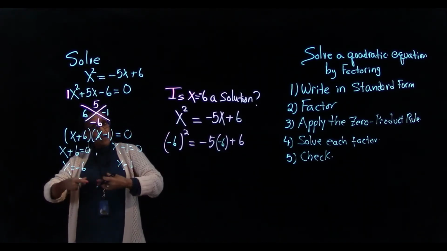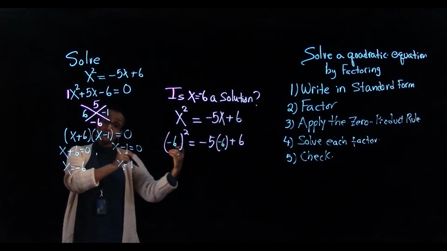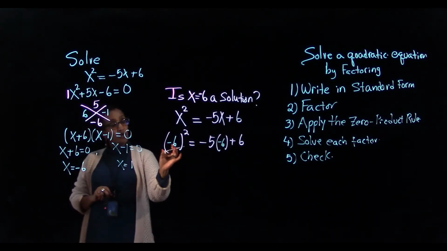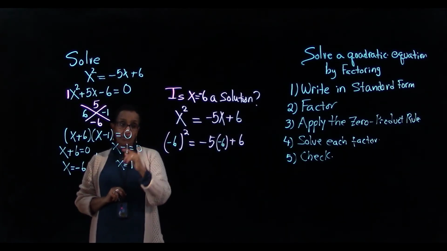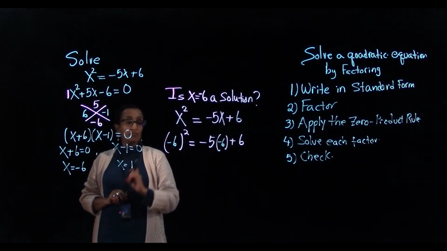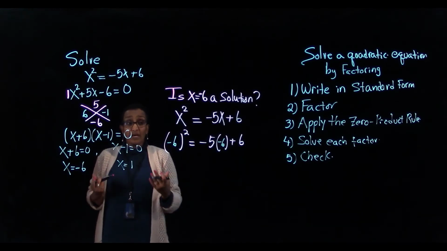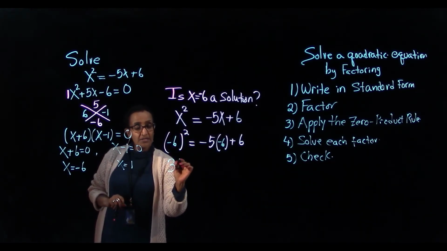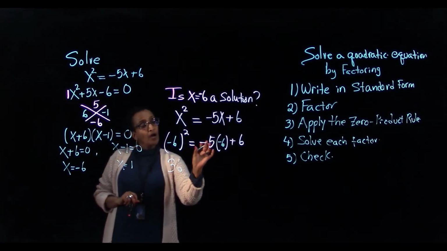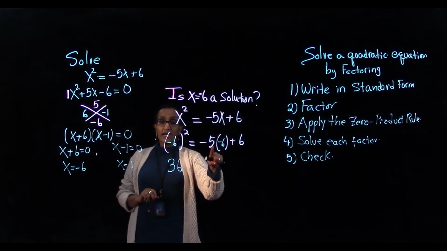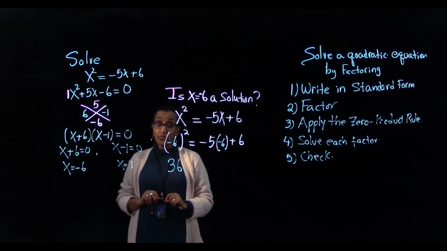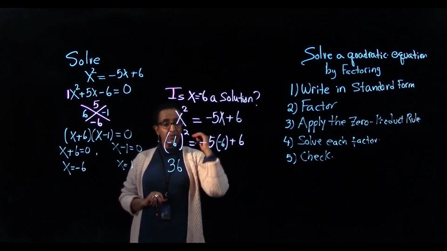and simplify the left-hand side and the right-hand side using the order of operations. On this one, I only have a single term, and the only operation that I see is exponent. -6 squared will give me a +36. On the other side, I see a multiplication and addition. Order of operations dictates that I do the multiplication first.